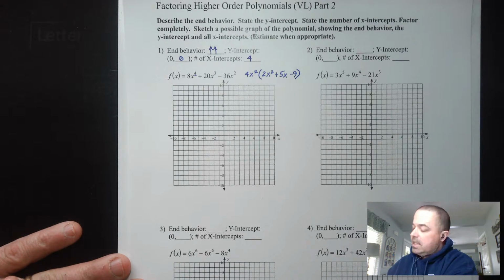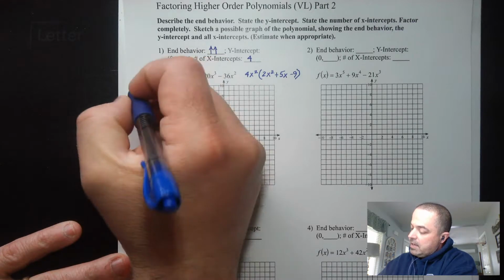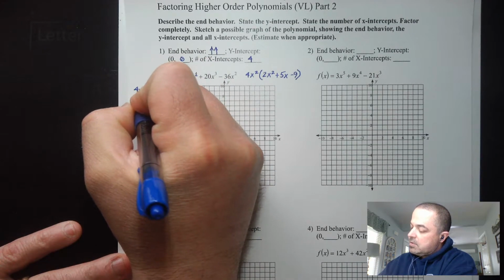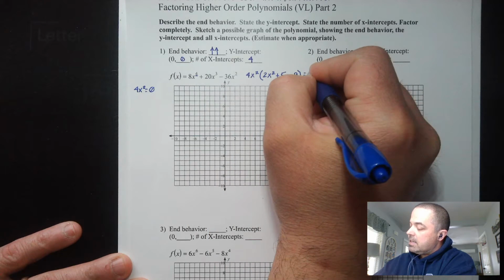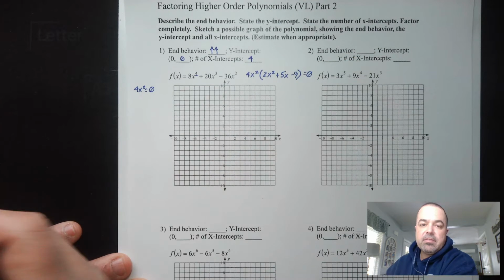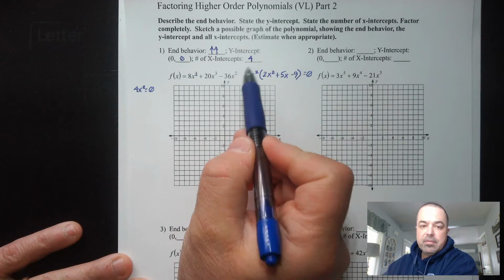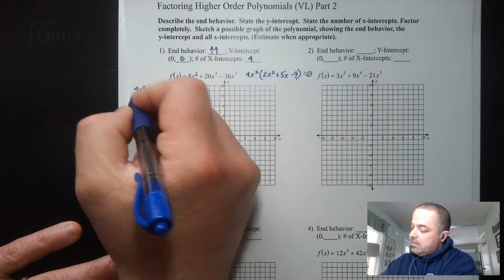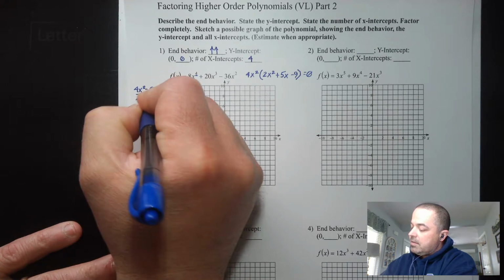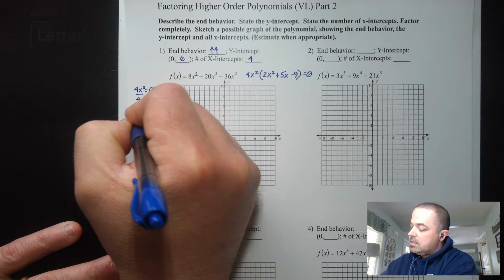I then am going to take that and set each piece equal to 0. So we'll say, all right, 4x squared is equal to 0, because now I'm looking for my x-intercepts. I want to know where this graph crosses the x-axis, the 4 times that I had mentioned earlier. So 4x squared equals 0, divided by 4, x squared is equal to 0.